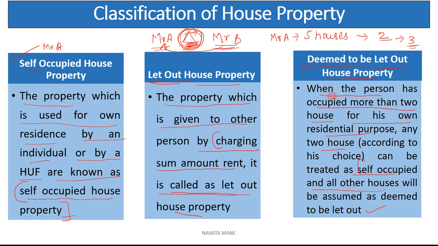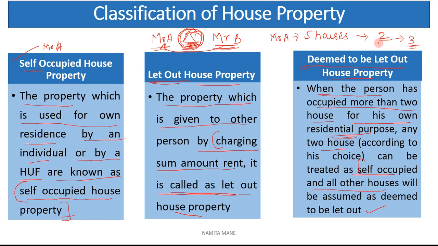So read the definition again: when the person has occupied more than 2 houses for his own residential purpose. So Mr. A is having 5 houses. Out of these 5 houses, he can select any 2 houses for his residential purpose.